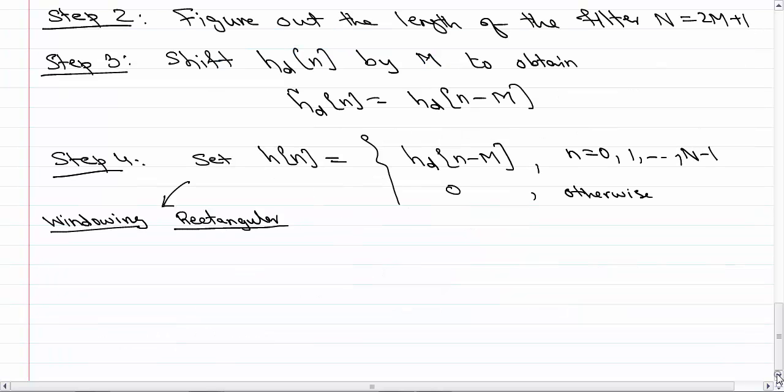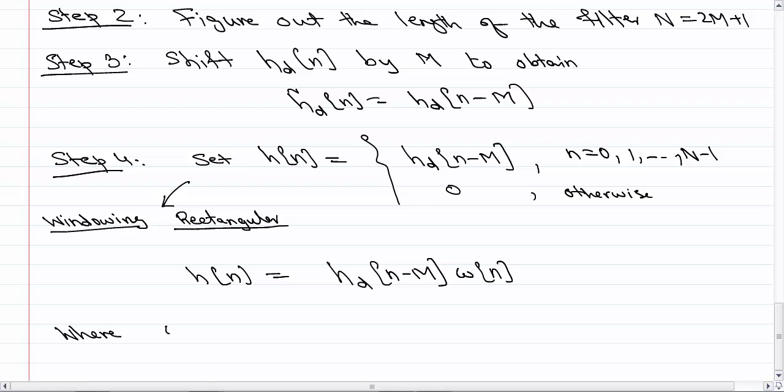Because I can write Hn as a multiplication of Hd of n minus M with a function W of n, where W of n equals 1 for n from 0 up to N minus 1 and 0 otherwise.